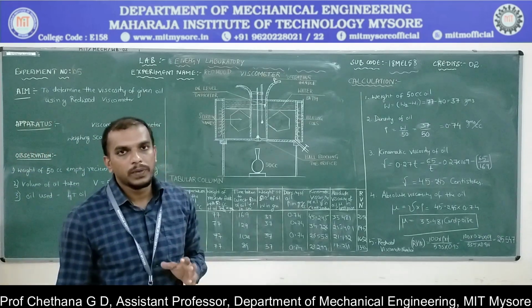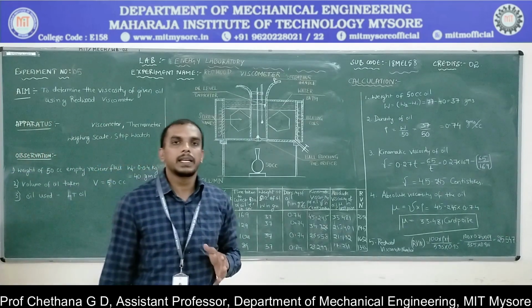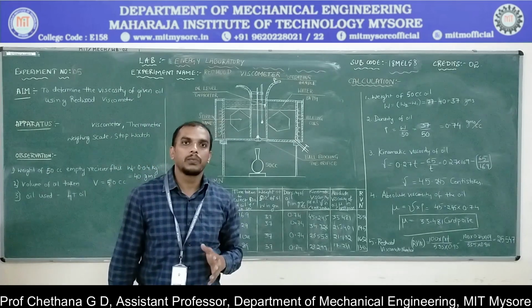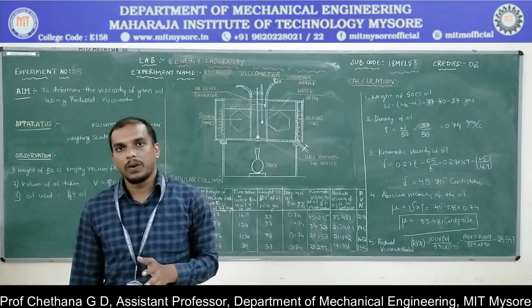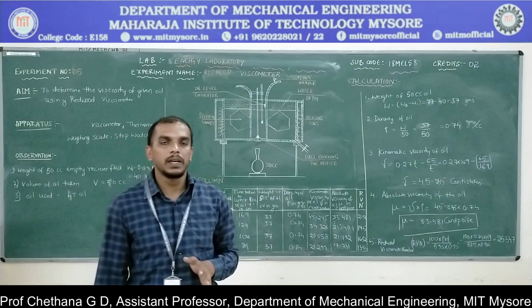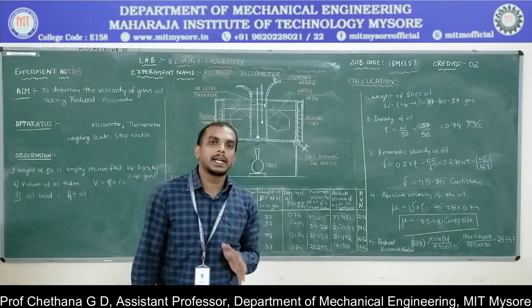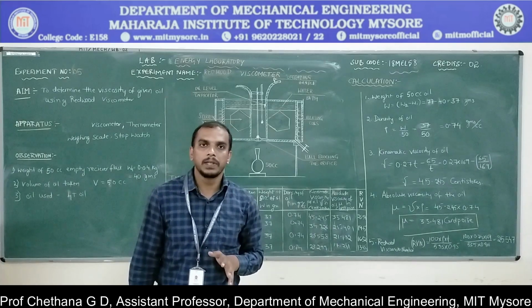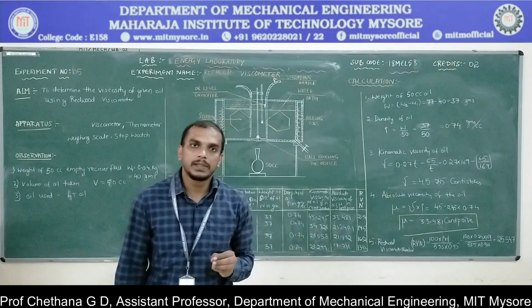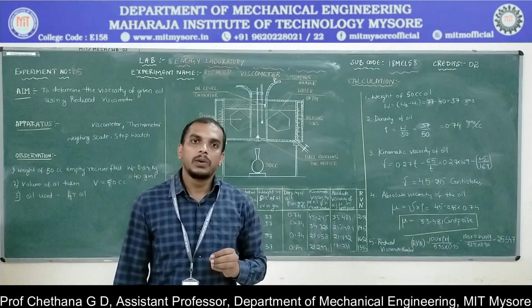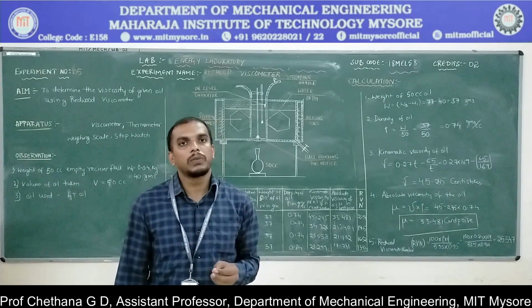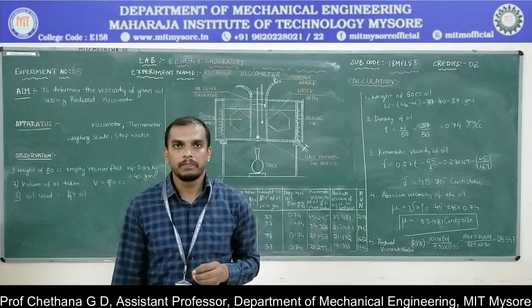We know that viscosity is the property of the fluid which offers resistance to the flow of one layer of the fluid above another adjacent layer. That means the higher the viscosity, the higher the resistance to flow, and the lower the viscosity, the lower the resistance to flow.